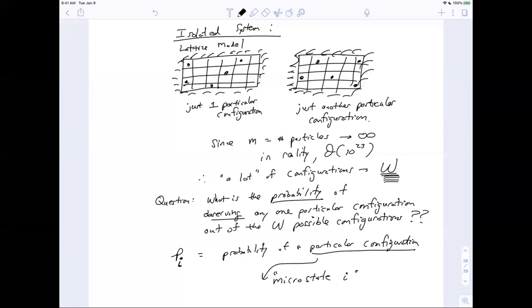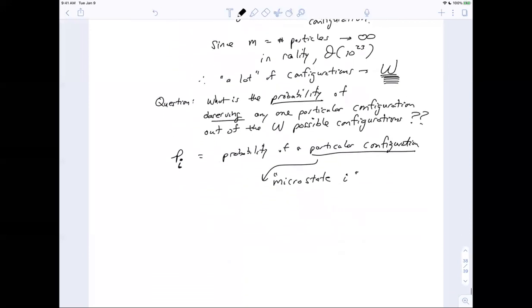You're absolutely right, Sheldon, that this discussion would have to be rigorously continuous using integrals, but that becomes more complicated and requires a bit more mathematical machinery, so I haven't done it. Right, so the probability of one of these microstates is equal to 1 over W. And that's exactly right.